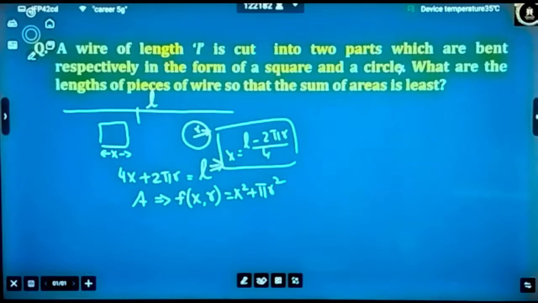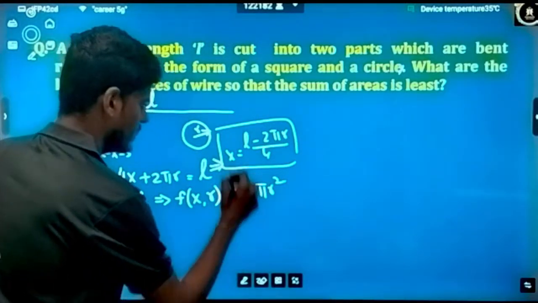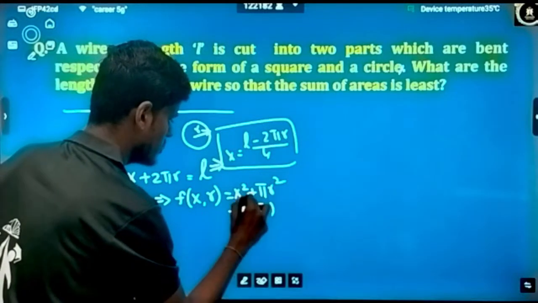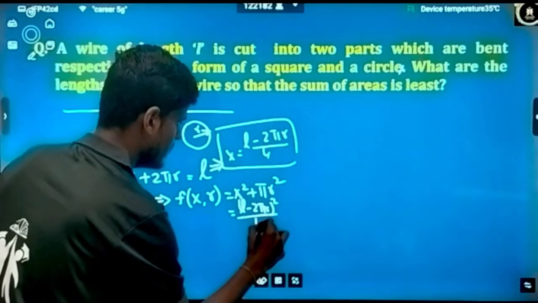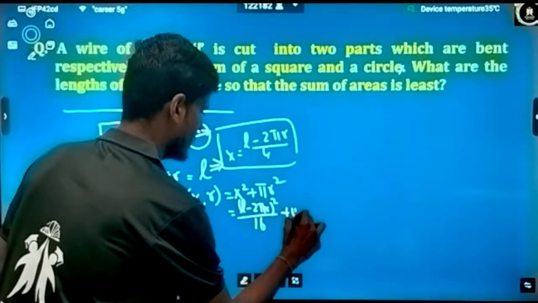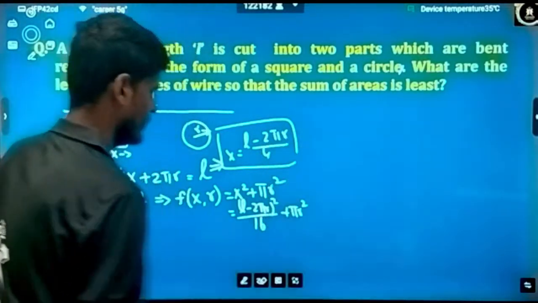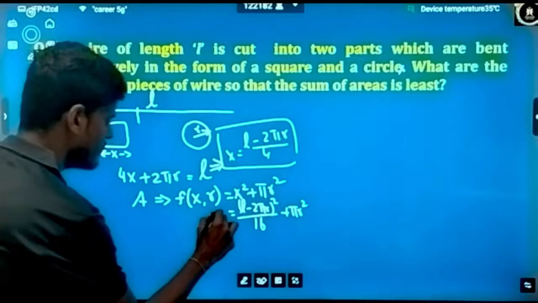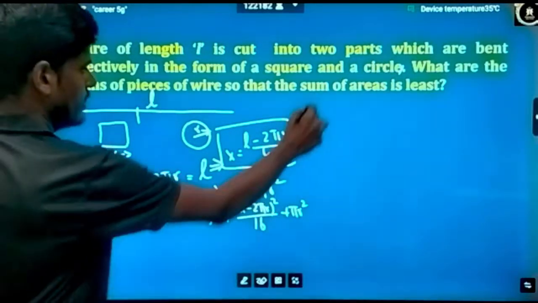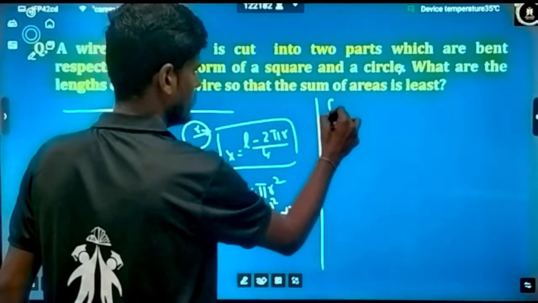Now we will substitute the value here. That means L minus 2 pi r whole square, divided by 16, that is x square, plus pi r square. Now we have written this in terms of a single variable, that is r. Next, what we need to do? F dash of r is equal to 0.